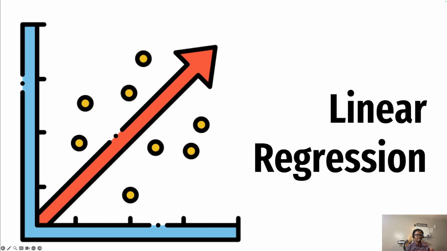If you're someone like that, I will really encourage you to stick around. And if you are new to machine learning, I will encourage you to go back to the first video and start watching from there. But if you just want to know how linear regression works, maybe you can watch this video only. But let's get right into it.